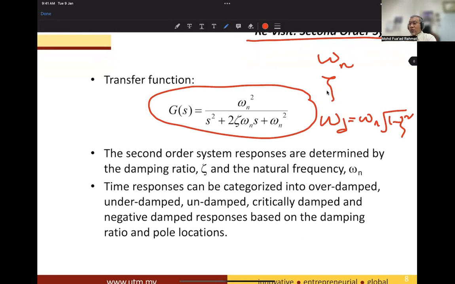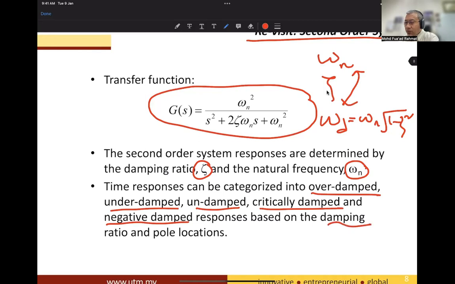So the second order response is determined by the damping ratio zeta and the undamped natural frequency omega n. Omega n and omega d are both natural frequencies, one undamped and the other damped. So it can be categorized into overdamped, underdamped, undamped, critically damped, and negative damped based on the damping ratio and pole locations.